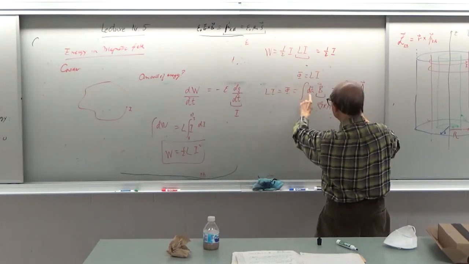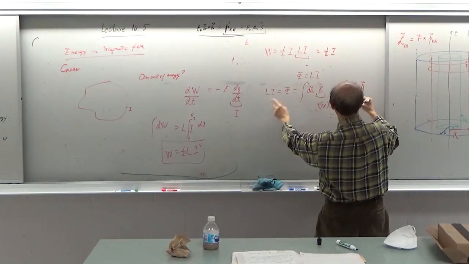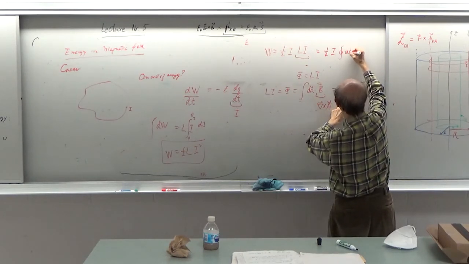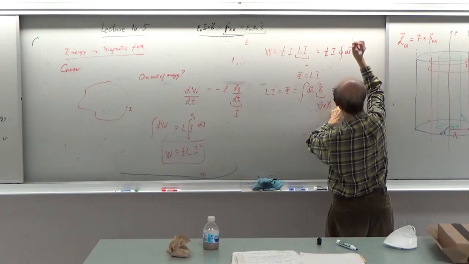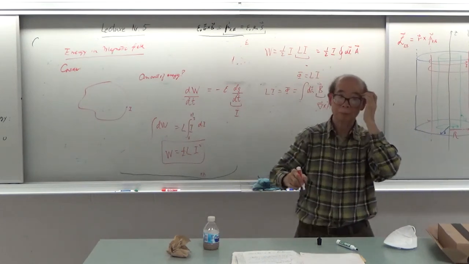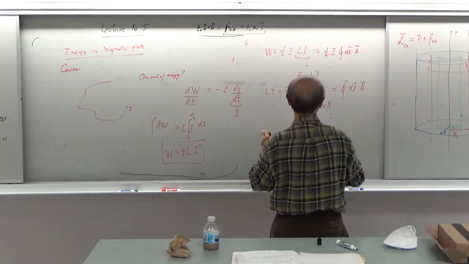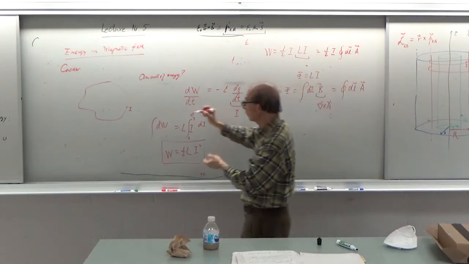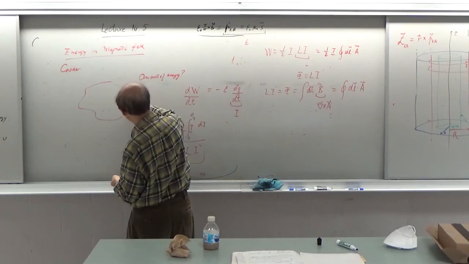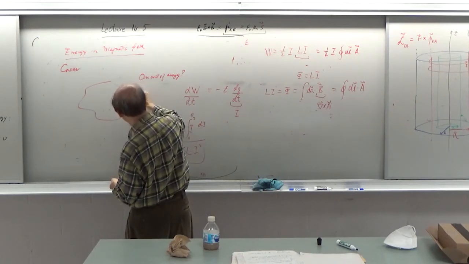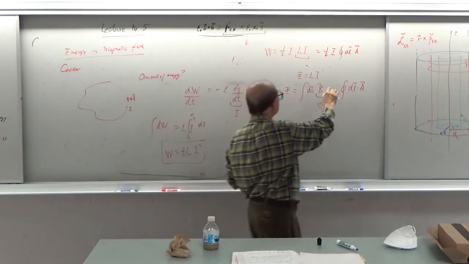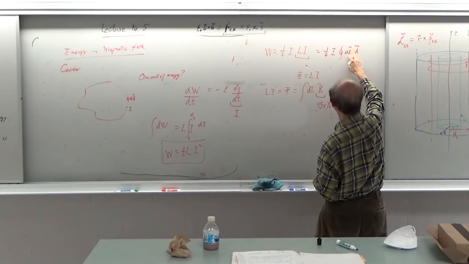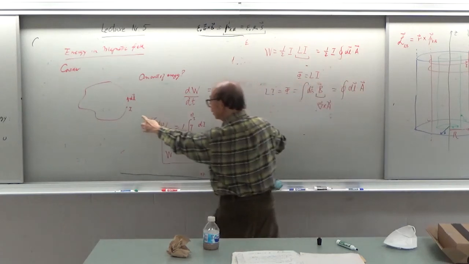LI is Φ, which is this, the line integral of A, of course the dot product between the line element dl and I. Of course, we can put this vector I on dl, since they're in the same direction.